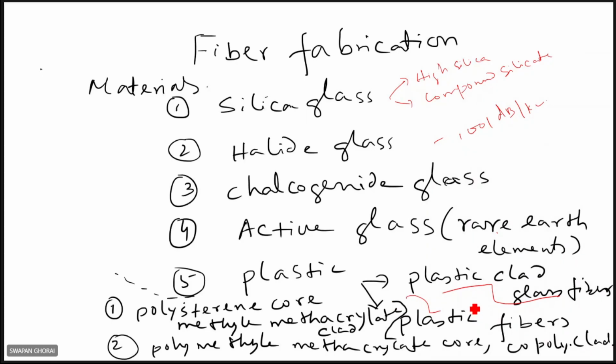Then the question is, if it is lossy fiber, why is it required? Sometimes short-distance fibers are required for laboratory purposes, where you can easily do the experiment. Glass fiber is difficult to handle and difficult to launch light into, as its dimension is very, very small. But in the lab, you can see plastic fibers, 1 meter, 2 meters in length, which you can easily handle. Also, for some medical purposes, plastic fibers are used.